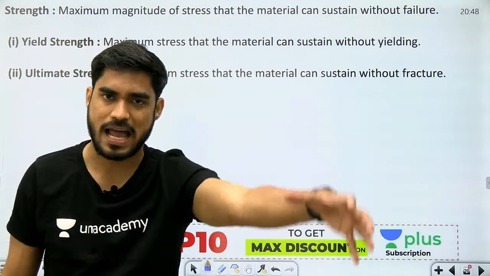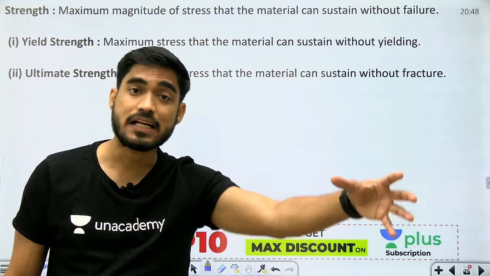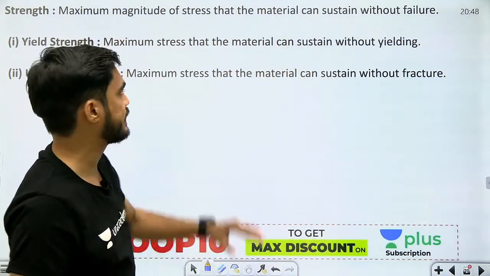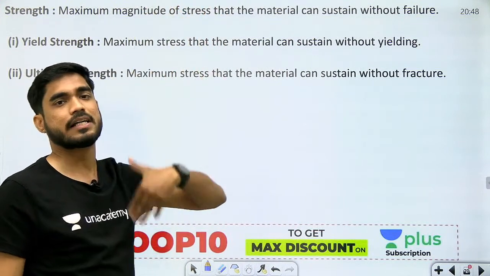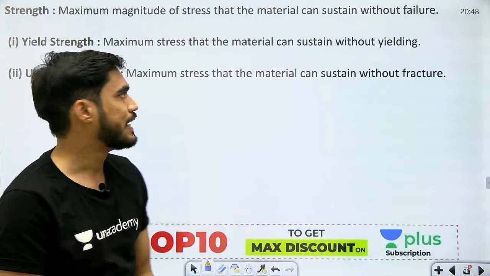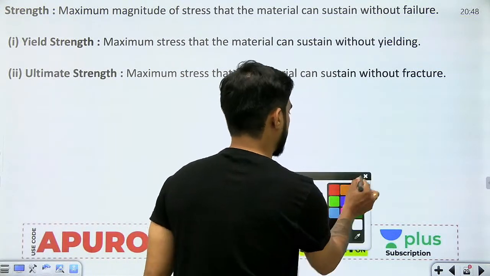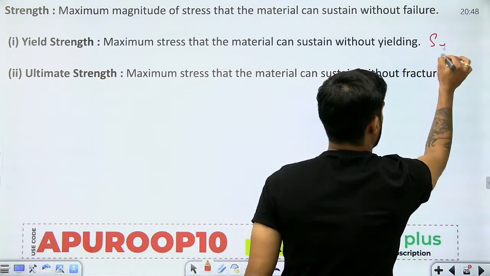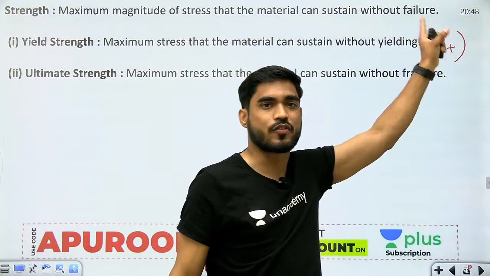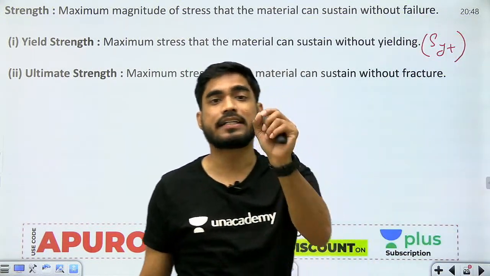Maximum stress you can apply on the material without yielding. Yield किए बिना मैं maximum कितना stress लगा सकता हूं? If my stress is more than this, then the material will yield and I will say that the material has failed. Okay, and it is denoted by SYT. I denote the yield strength by SYT. What is SYT? S stands for strength, Y stands for yielding, T stands for tension.